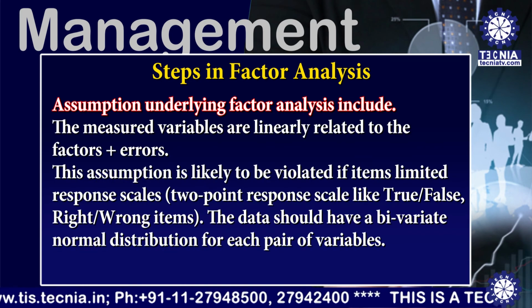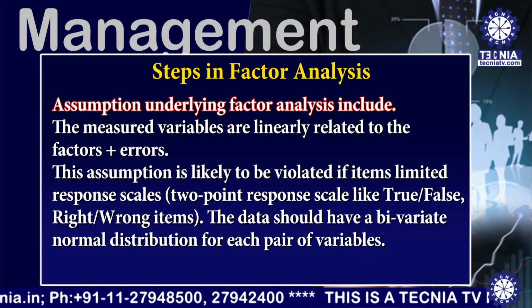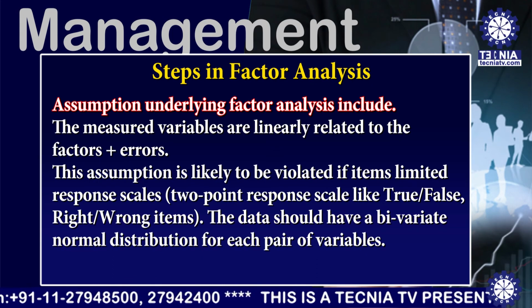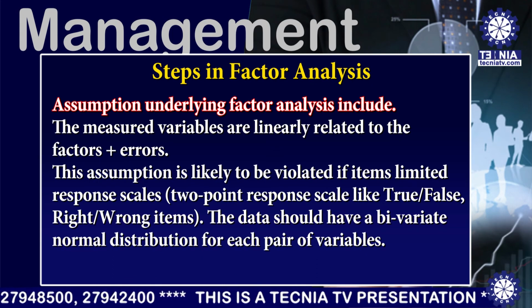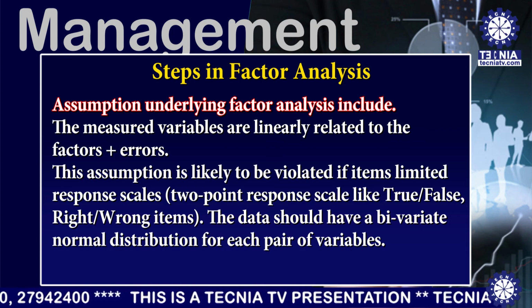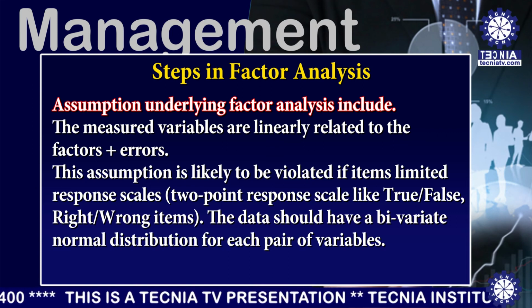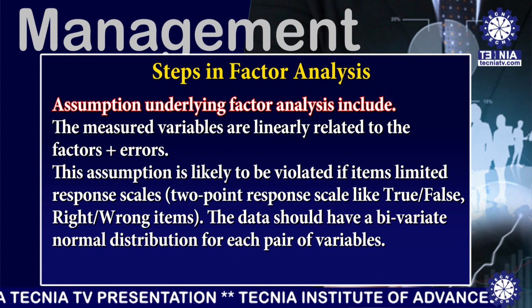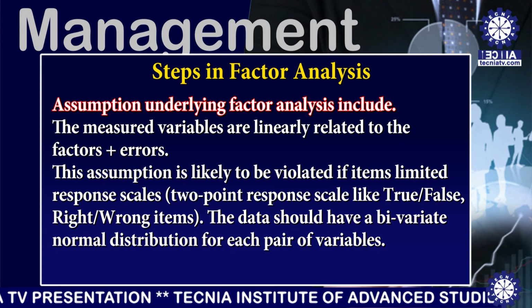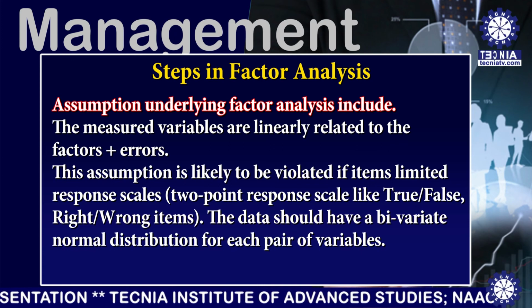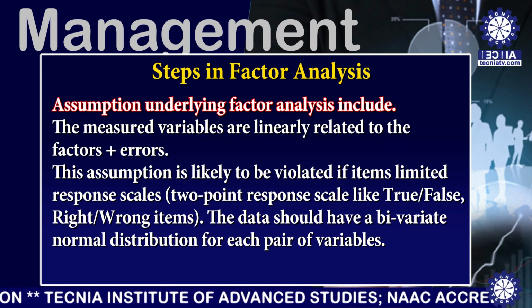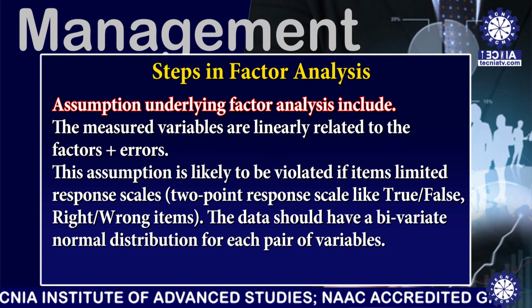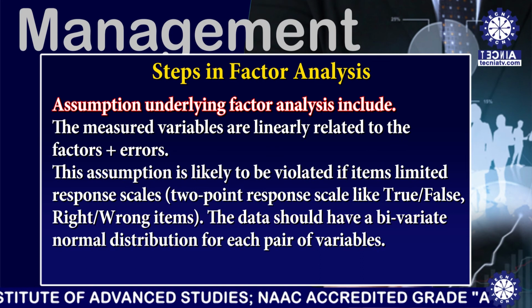Now, I am explaining the assumptions underlying factor analysis, which include: the measured variables are linearly related to the factors plus errors. This assumption is likely to be valid if items have limited response scales, like a 2-point response scale such as true and false, right and wrong items.